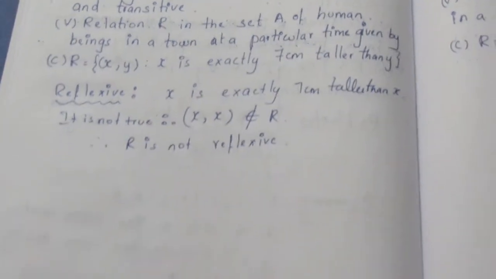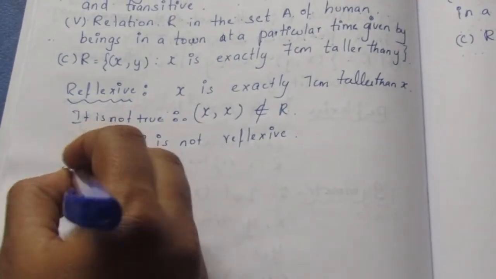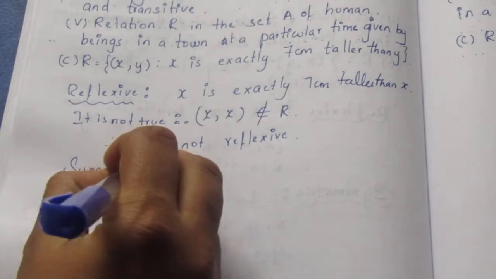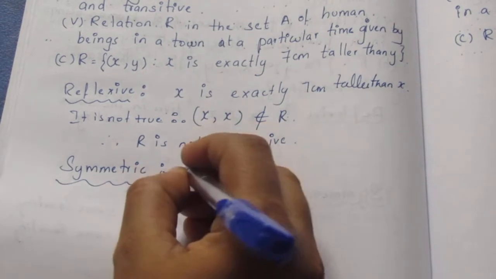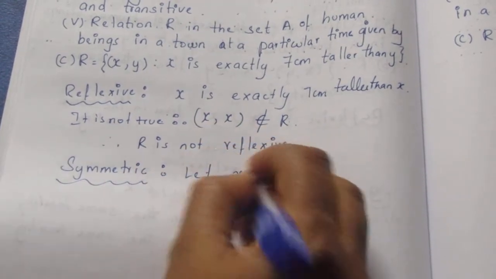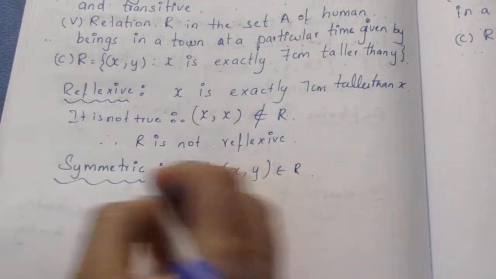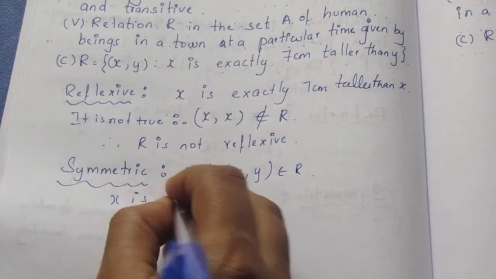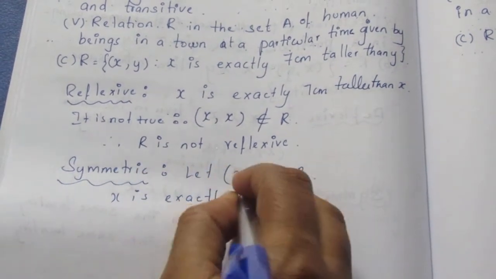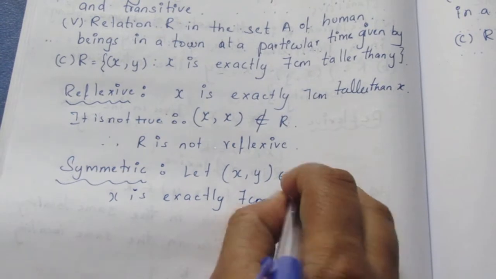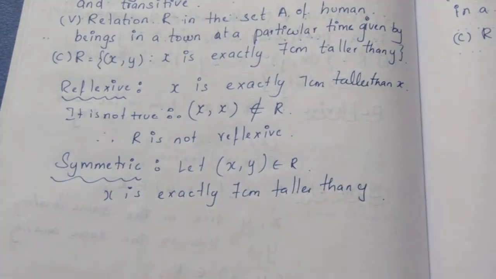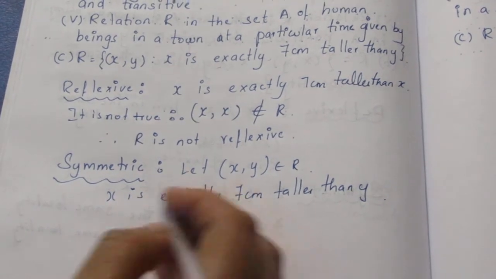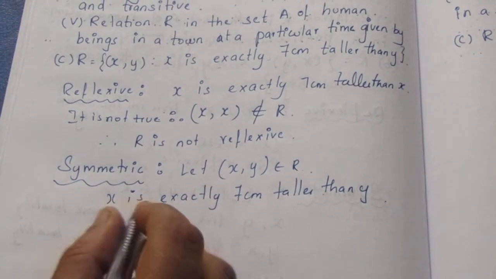Now, we will move on to symmetric. For symmetric, let (x, y) belong to R. That means x is exactly 7 cm taller than y. Now, is it the case for (y, x)?